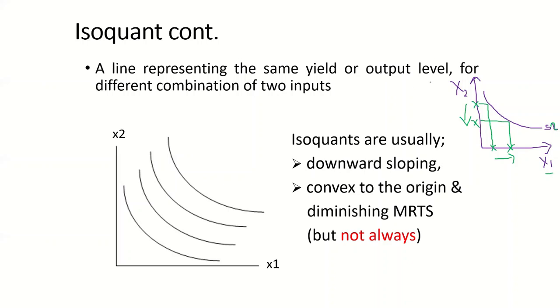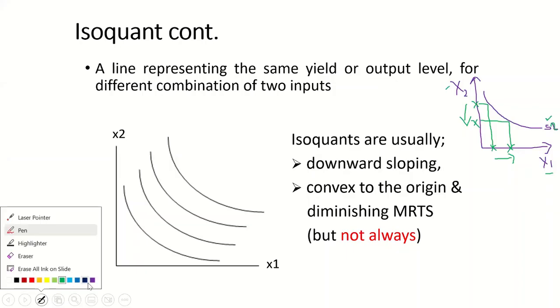Like fertilizer, urea and potash. If you increase the amount of x1, you have to reduce the amount of x2 to get the same yield. So what do we see here? We see a trade-off.